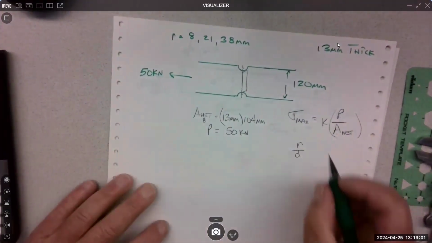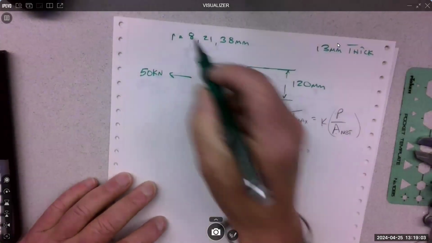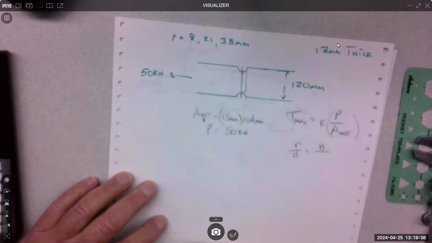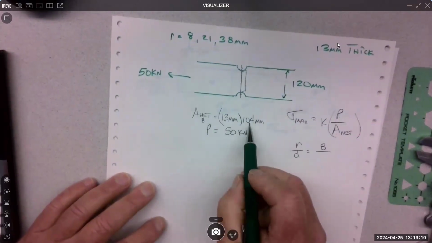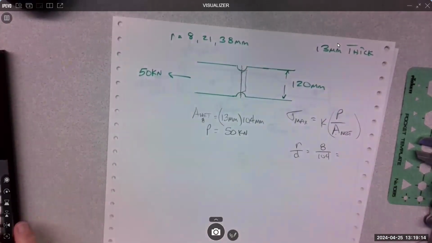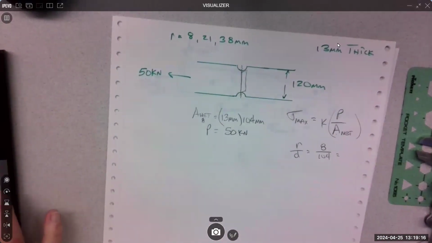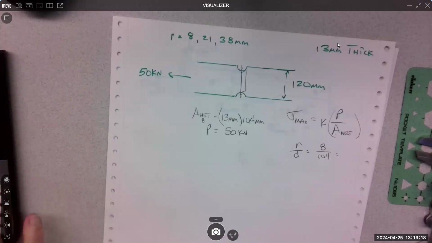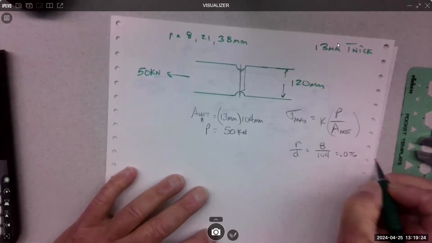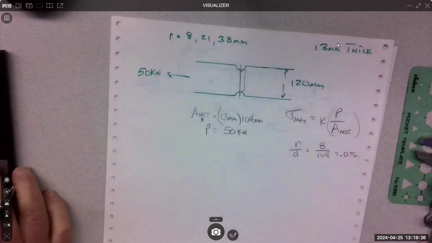So in the first case, it is 8 over D, which is 104. That number is, hang on, let me finish one thought here, 0.076, is that right? Yeah.